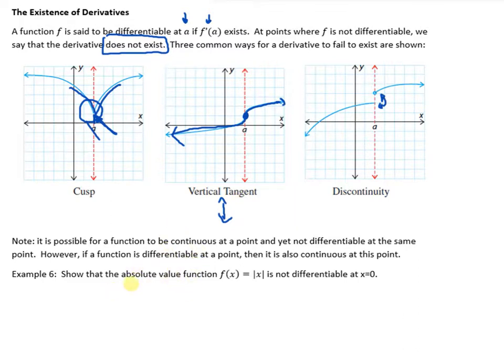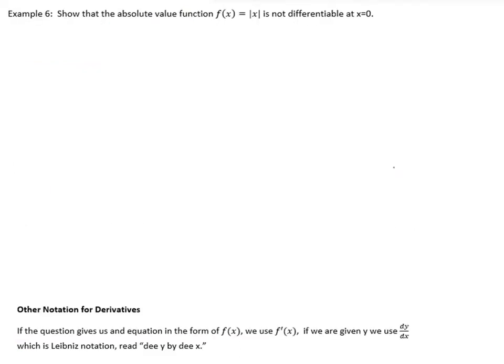So what we're going to do is show that the absolute value function f of x equals absolute value of x is not differentiable at x equals 0. Okay, let's get some more room. To start out with, we're going to do f prime at x equals the absolute value of x plus h minus f at x.